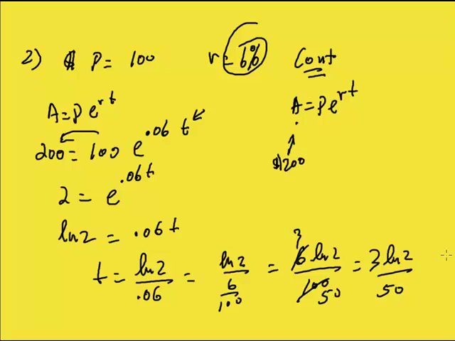This is your time. Of course, you can punch it in your calculator, find out what ln of 2 is, and come up with the decimal representation. That's number 2. So let's go to number 6.